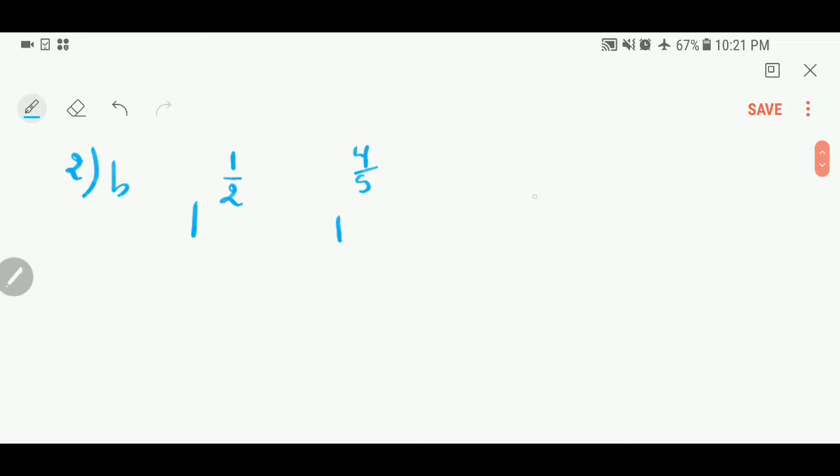So always do the line segment, 0, 1, and 1/2. Always break down 4 over 5. 4 over 5 is equal to 4 times 1 over 5. So always remember, this is already simplified. You cannot simplify it anymore.